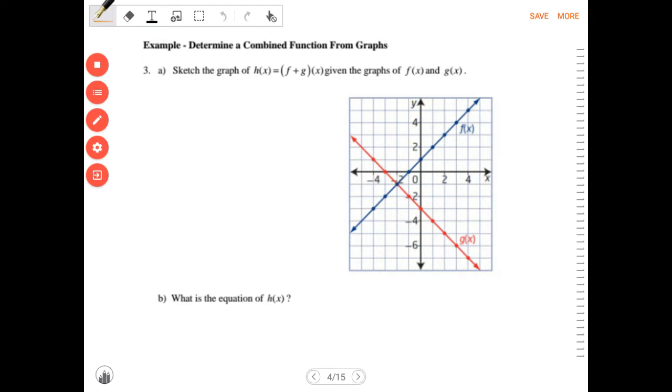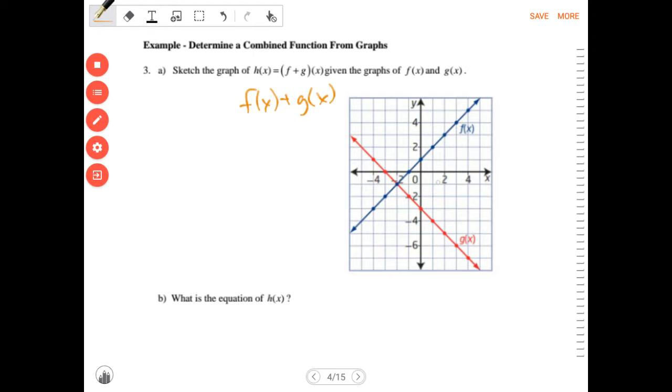So we want f plus g of x, so that's f of x plus g of x. We can expand it out just to get a better idea. Really what that means is we're adding the y coordinates of f to the y coordinates of g.